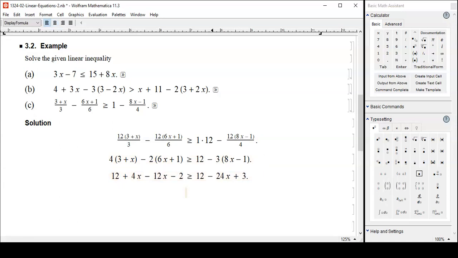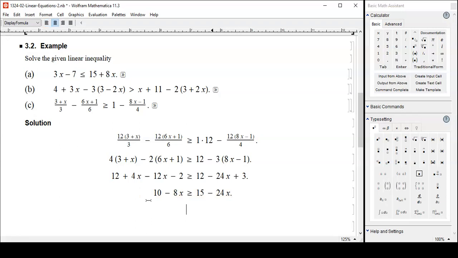Okay, and then we can take the like terms together. Let's say 12 minus 2, and then minus 8x, and then 15 minus 24x. 12 plus 3 is 15.